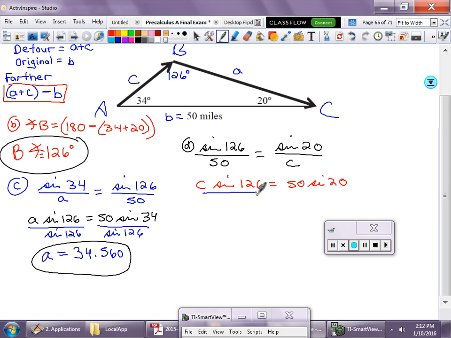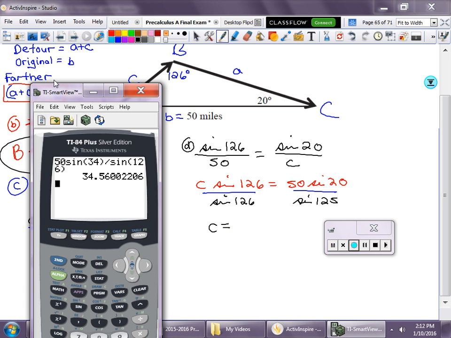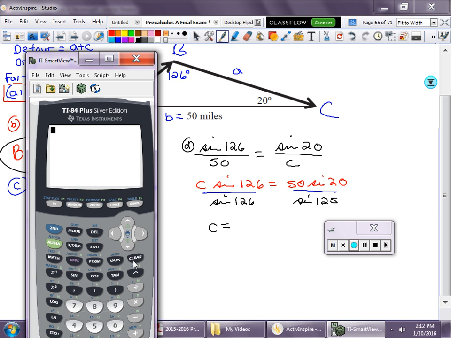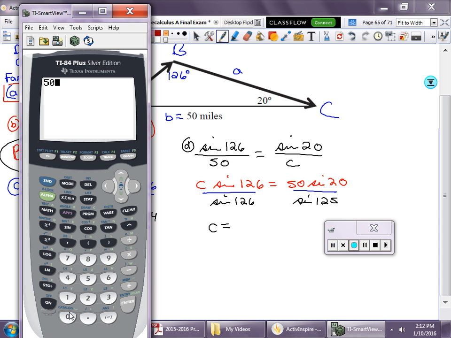Divide by sine of 126. And C is equal to 50 sine 20, close the parentheses, divided by sine of 126.